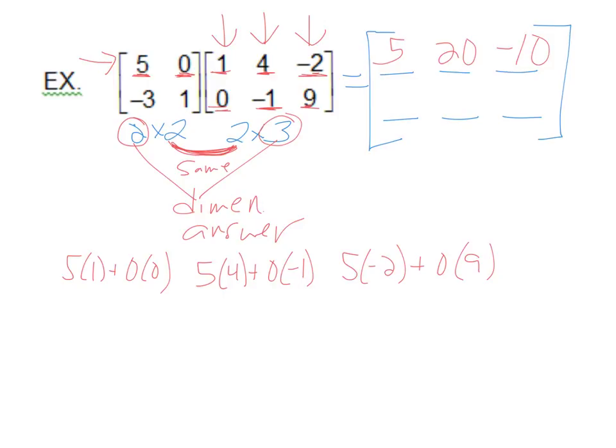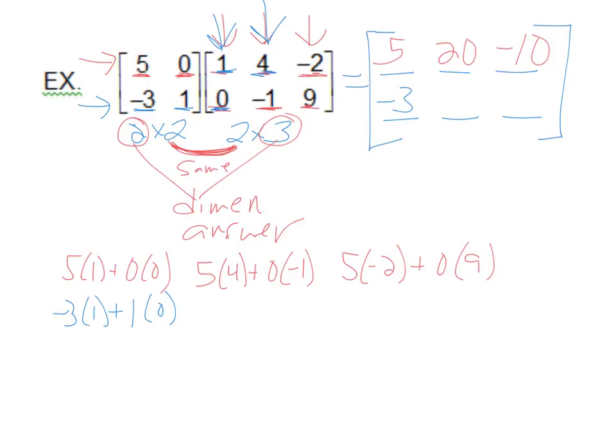Now I've multiplied the first row times all the columns. I drop down to the second row and multiply times all the columns. So it will be negative 3 times 1 plus 1 times 0. Second row, first column. Negative 3 times 1 plus 1 times 0 would be negative 3. Stay on the second row, move to the second column.